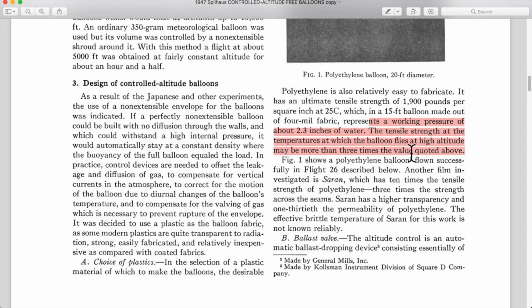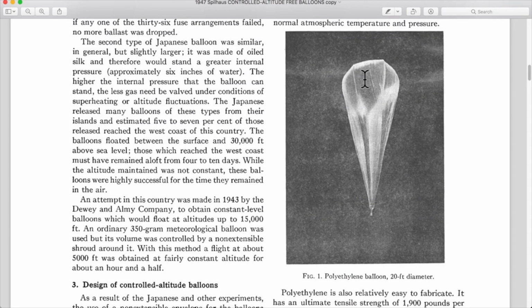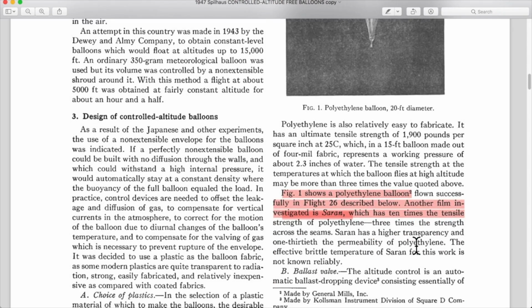So while they get stronger and stronger as they descend in temperature towards their brittle point, you can take advantage of it being stronger as long as you don't go too cold. Figure 1 shows the balloon flown successfully in Flight 26. So this is figure 1 from a real balloon flight.